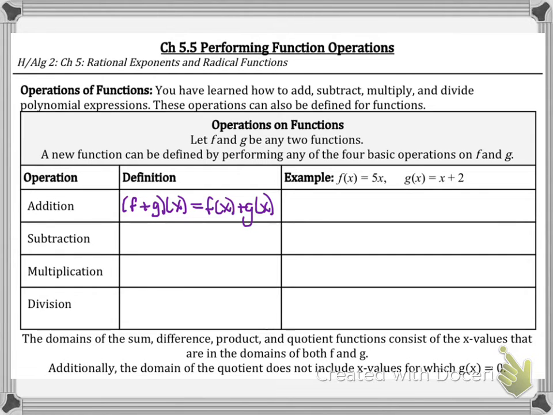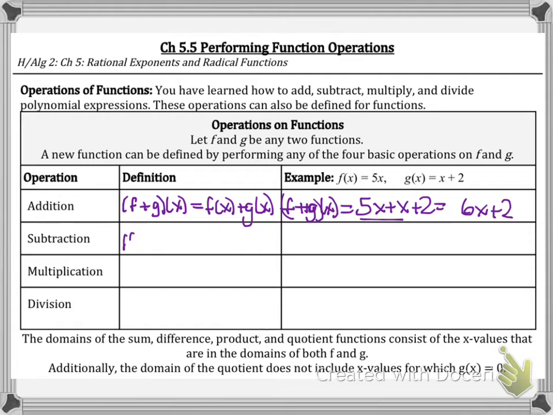So let's do that to f plus g of x. And so we're just going to take these two functions and add them together. 5x plus x plus 2. So we get 5x plus x is 6x plus 2.